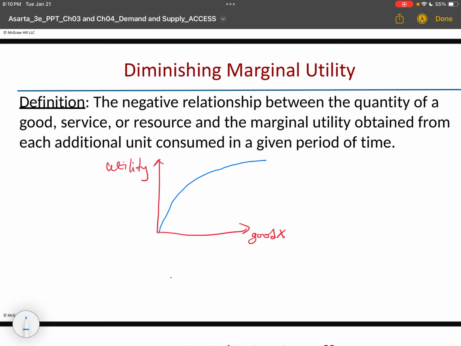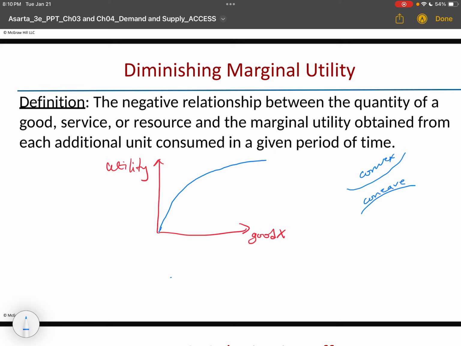So the curve will start out from the origin, right? And sort of climb, but it's concave, right? It's concave. Convex looks like this. This, right? This is convex. And this is concave.